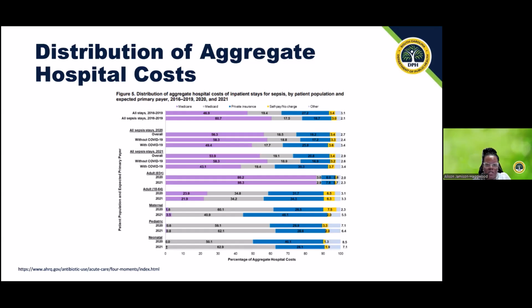So this again is looking at the different payers for sepsis.